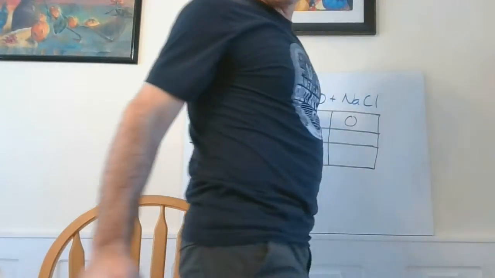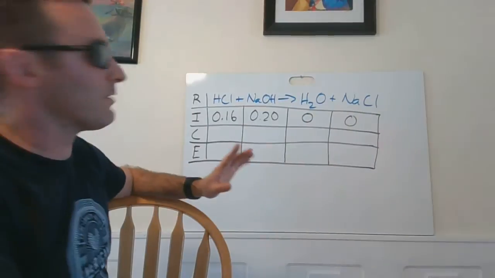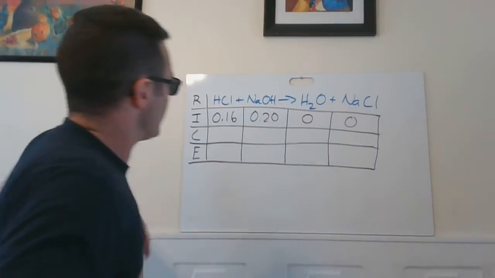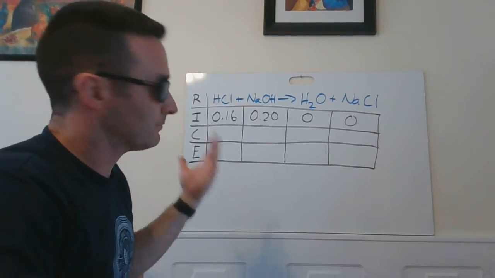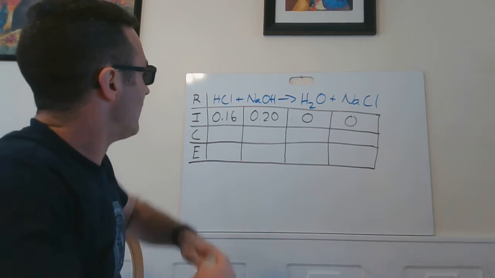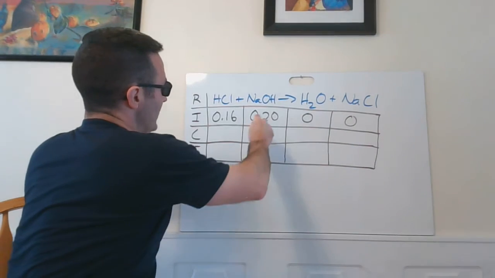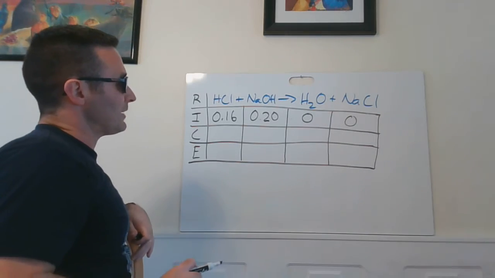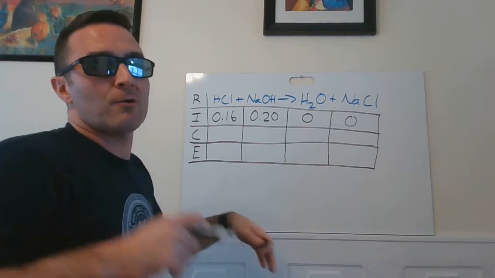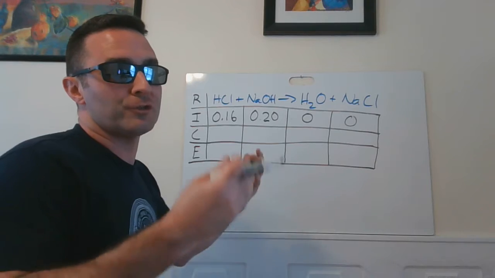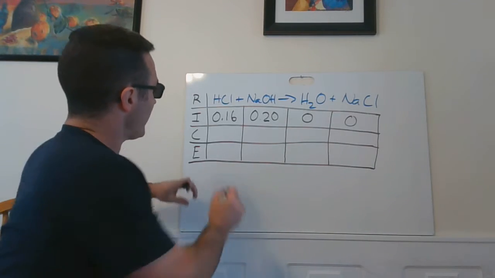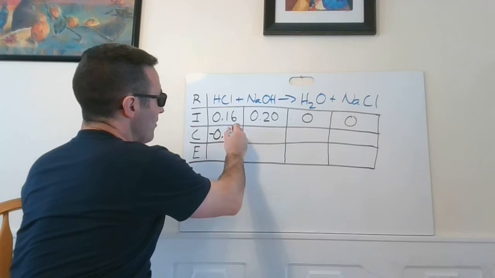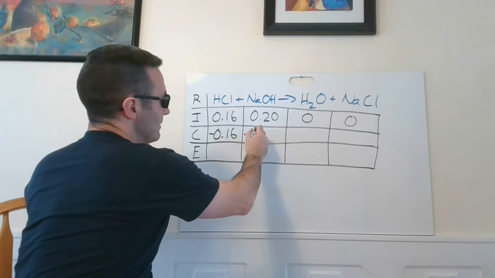Okay. This is how your rice table looks. And again, remember, with your rice table, you're in moles. I didn't put my weights up here; hopefully you can remember. So with the hydrochloric acid, I've got 0.16 moles. The sodium hydroxide is 0.2. I don't have any extra water or salt to start with. So when the reaction runs, I'm going to lose all of my hydrochloric acid.